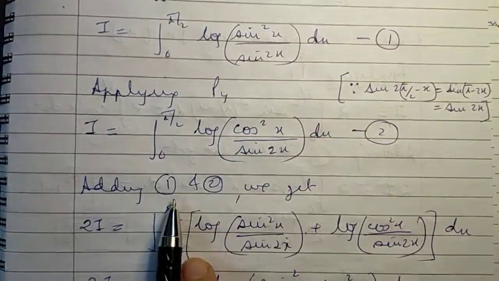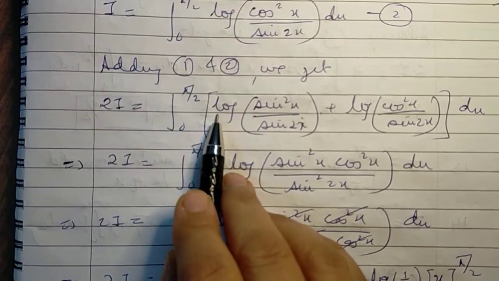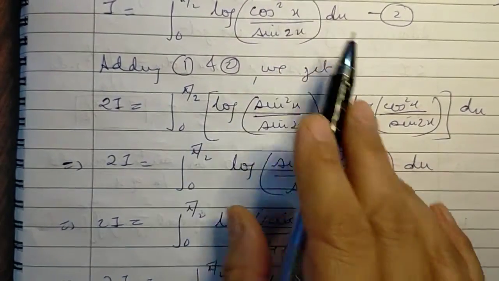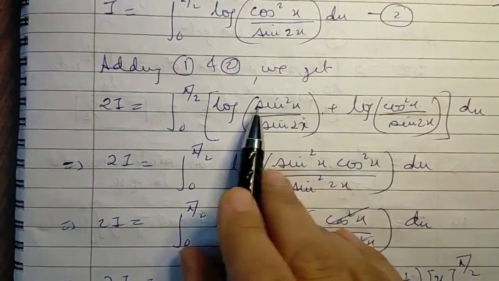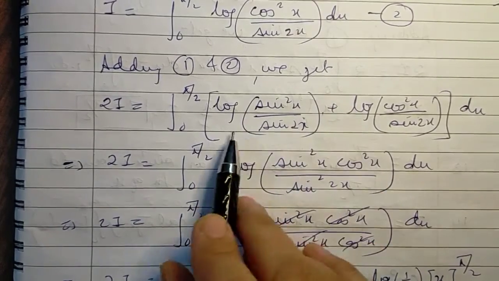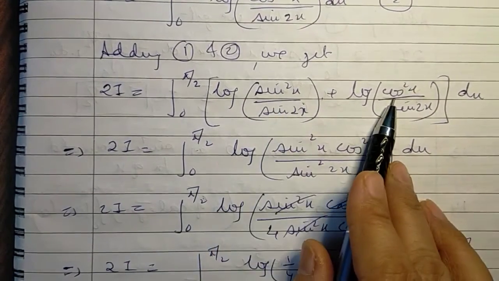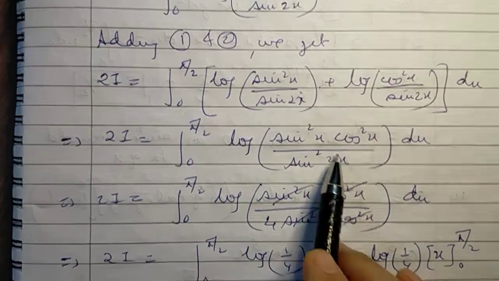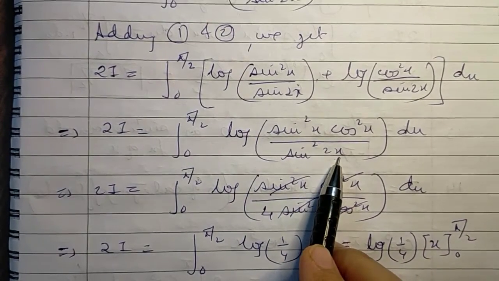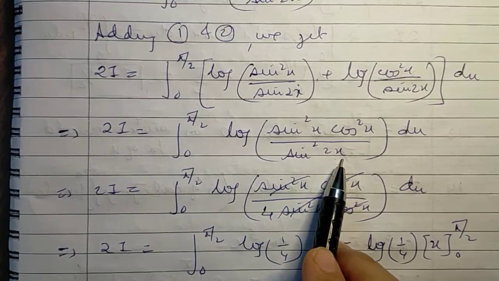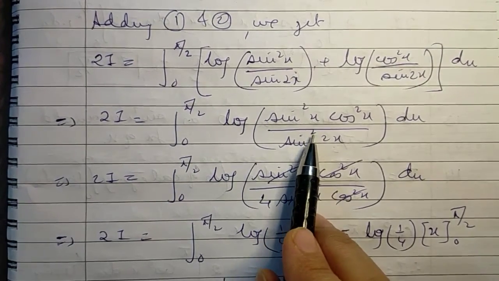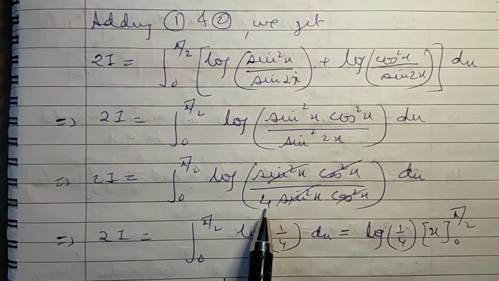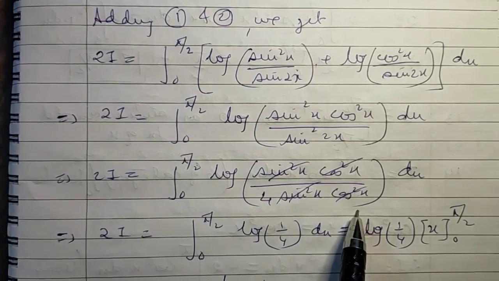Adding 1 and 2, we get 2I comes out to be log of this plus log of this function. Again applying property of log, this becomes log of sin squared x cos squared x upon sin squared 2x. Sin 2x can be written as 2 sin x cos x, which on applying the square comes out to be 4 sin squared x cos squared x.